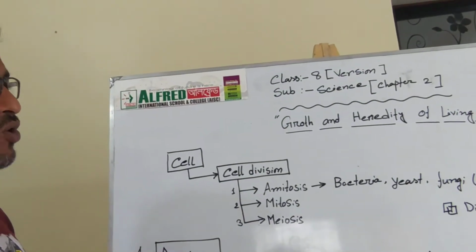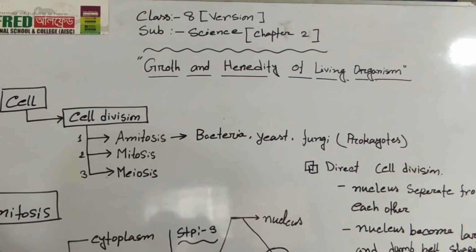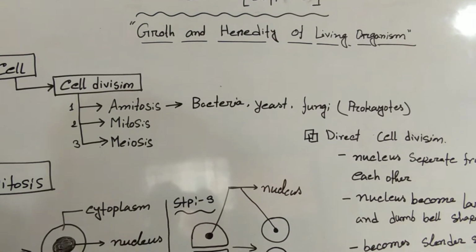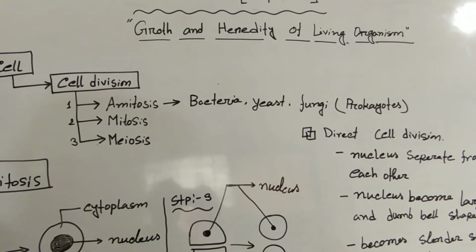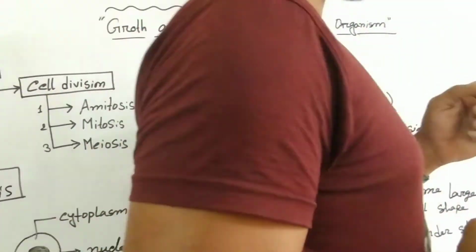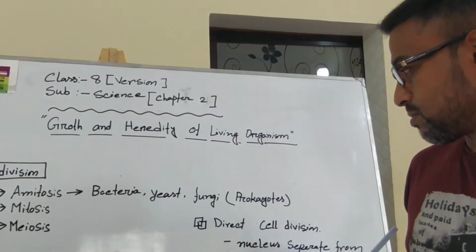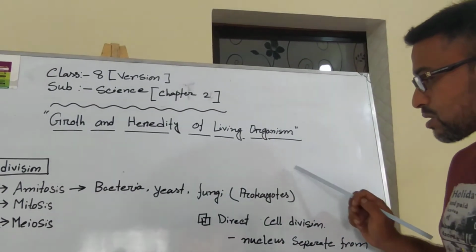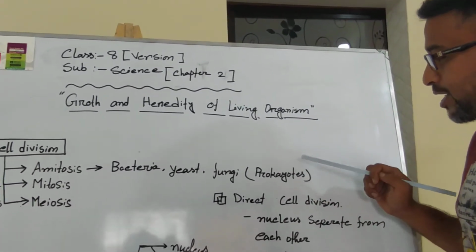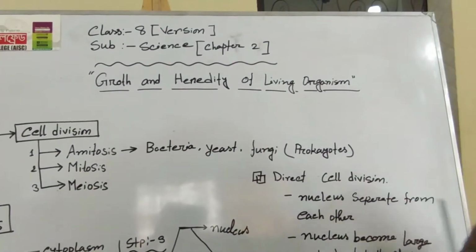Okay, let's have a quick look. Prokaryota are unicellular organisms, for example bacteria, yeast, fungi. So if anybody asks you what kind of cell division happens in bacteria, you know that this kind of cell division happens in prokaryota, such as bacteria, yeast, and fungi.